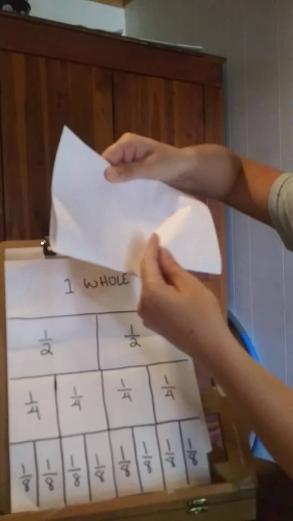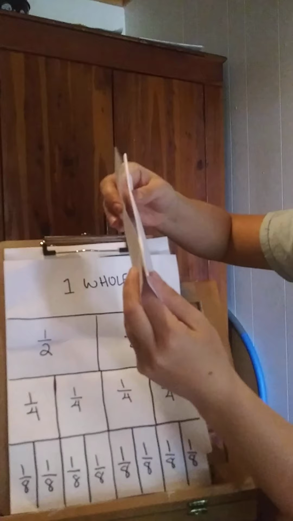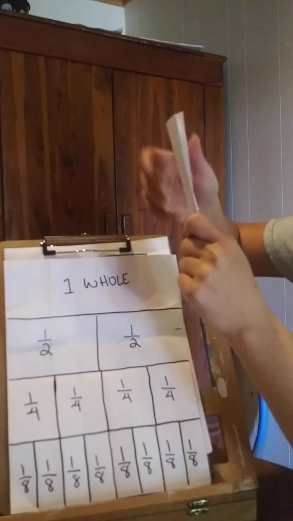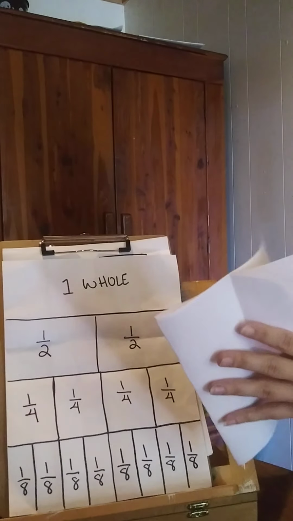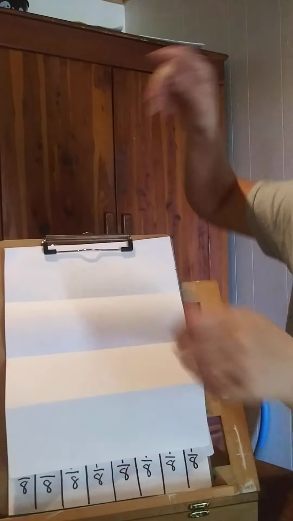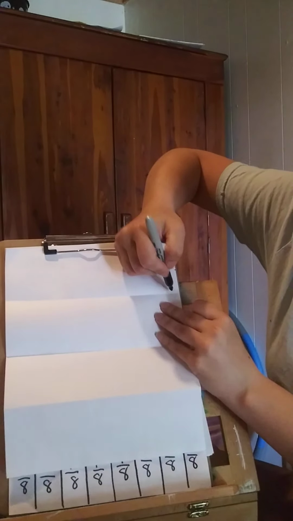So fold it once, and then fold it again. And when they open it, they should have 4 equal parts. And so, right now, we're only going to work on this part.